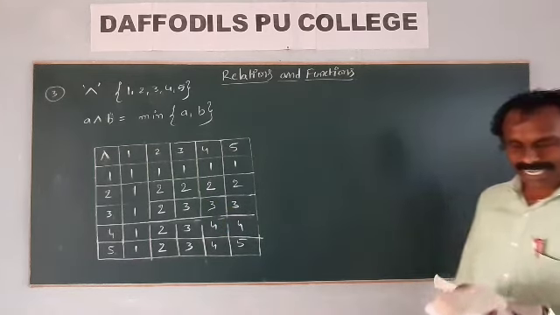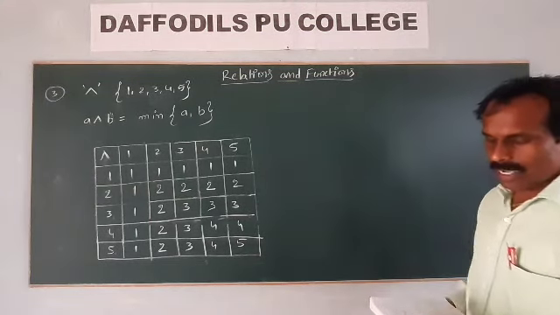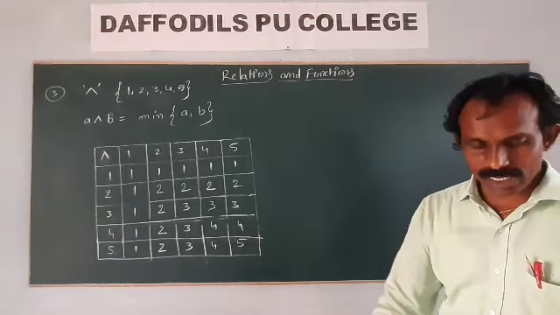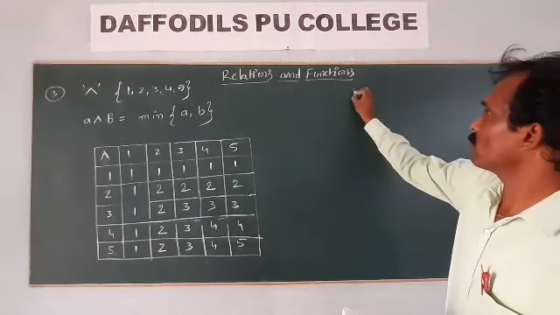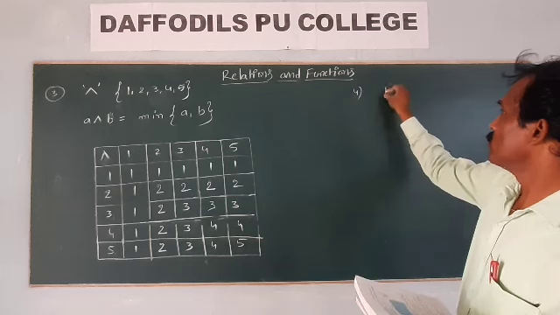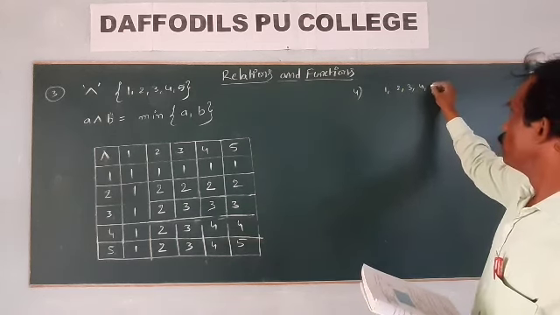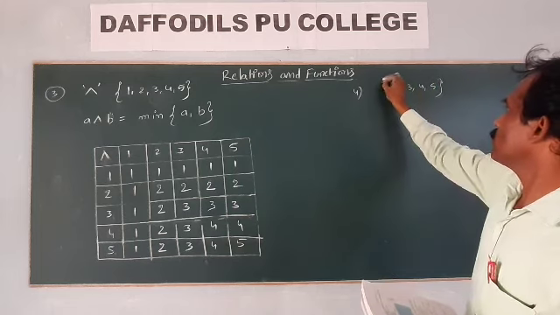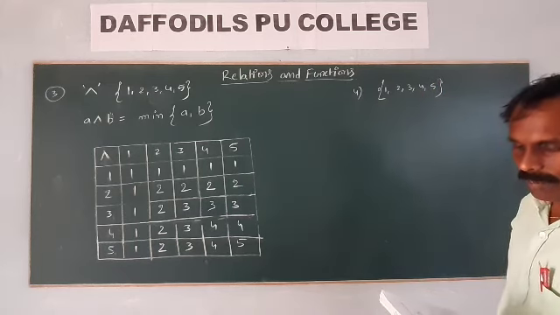Okay. Next problem. Fourth problem. Consider a binary operation star on the set 1, 2, 3, 4, 5 given by the following multiplication table.